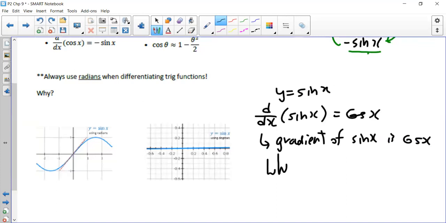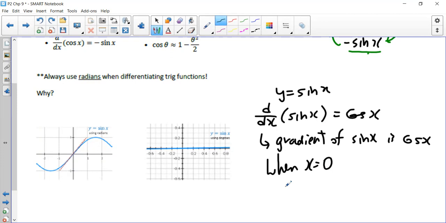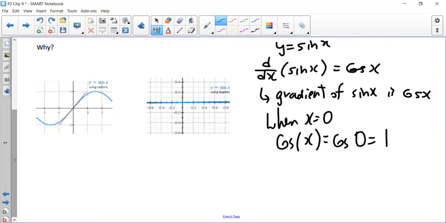Now, when x equals 0, sine 0 is 0, and cos x equals cos 0, which is 1. Sorry, I mixed that up: sine 0 is 0, cos 0 is 1.